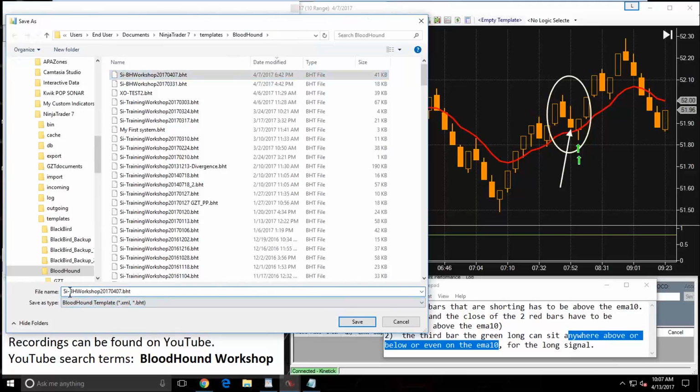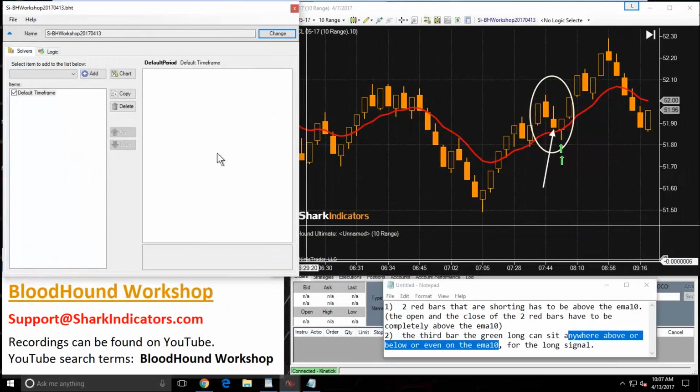Now they're prefaced with BH workshop, just to help delineate them from the Blackbird workshops. Today is the 13th. All right, so we have our BloodHound template named.